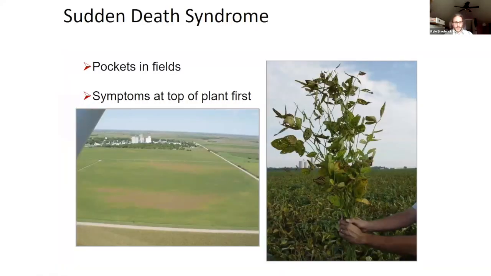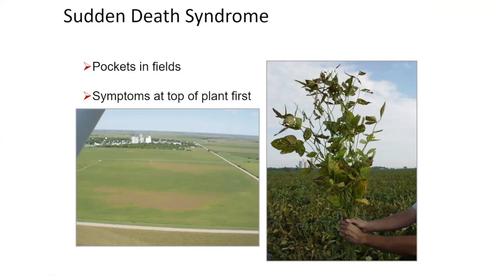But another one we tend to see a fair amount of in Nebraska is sudden death syndrome of soybeans, and this one is caused by a soil-borne fungal disease. It's Fusarium virguliforme, but it tends to show up in pockets throughout the field. And as you can guess, based on its name, it can cause a lot of damage very quickly.